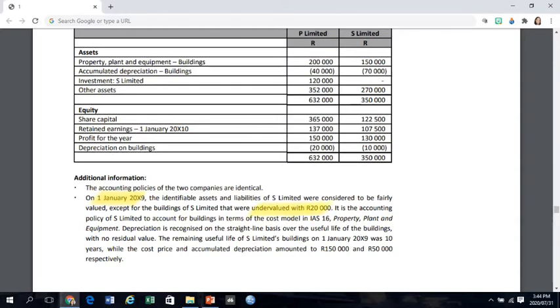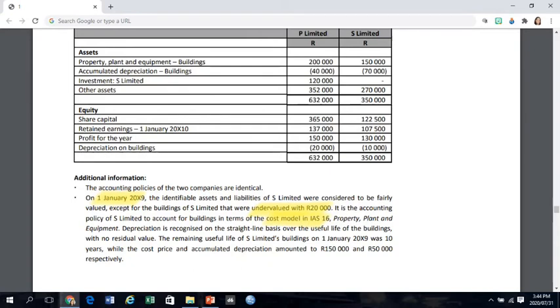It is the accounting policy of S Limited to account for buildings in terms of the cost model in IAS 16 property, plant and equipment. The moment you see that, you can now conclude S would not have accounted for that 20,000 Rand at acquisition date in its separate financial statements, as its accounting policy would not allow for that.